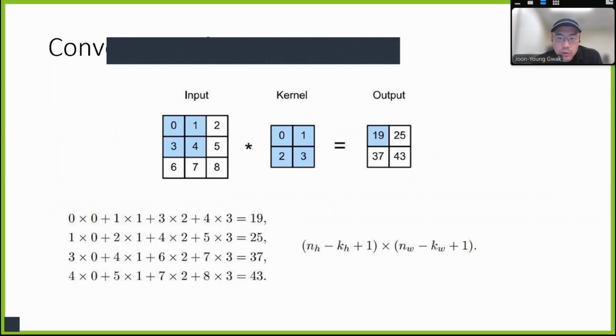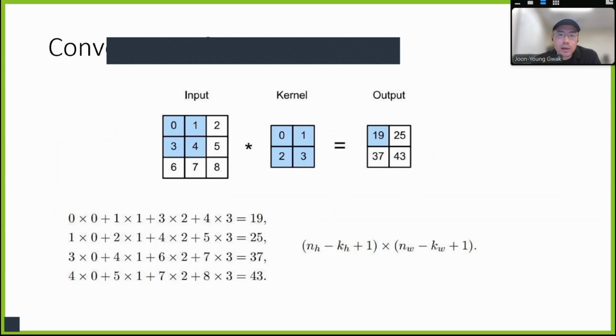So as you can see, the dot product of the blue region in the input matrix and the kernel will be 19. And this will decrease the dimension when it comes to the output matrix.